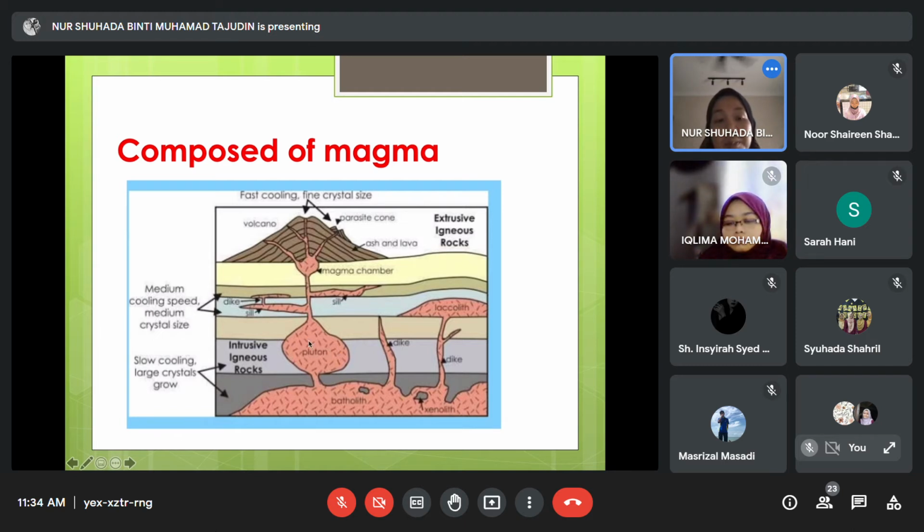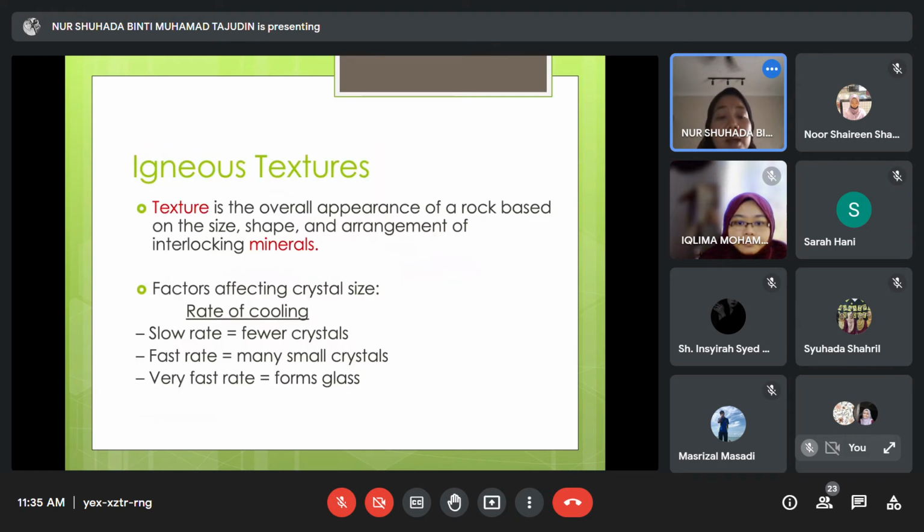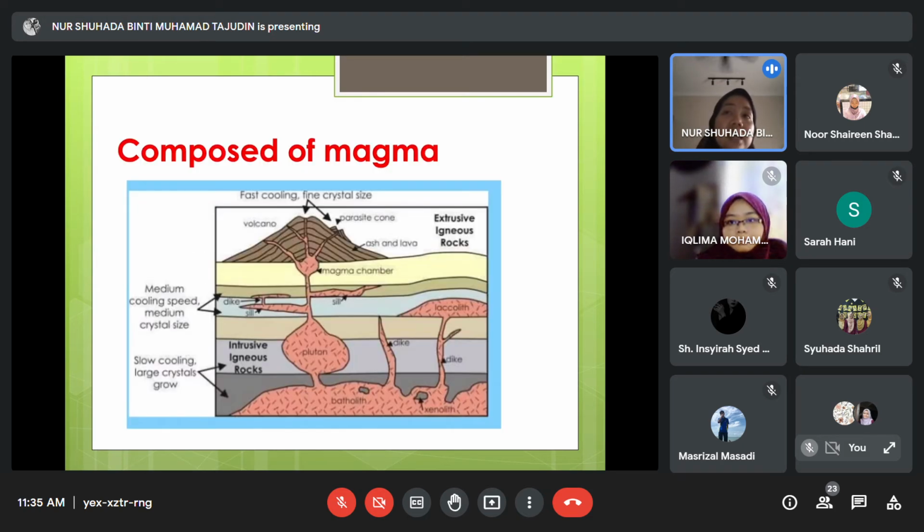Okay, so both undergo a process we call cooling and also pressure. By cooling and pressure, temperature and pressure, it turns the materials into rocks. Okay, so it actually takes a very long time. Yang ni cerita ni dia jadi macam 100,000 years ago.